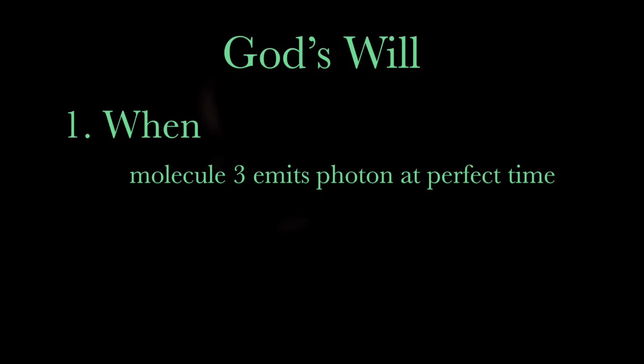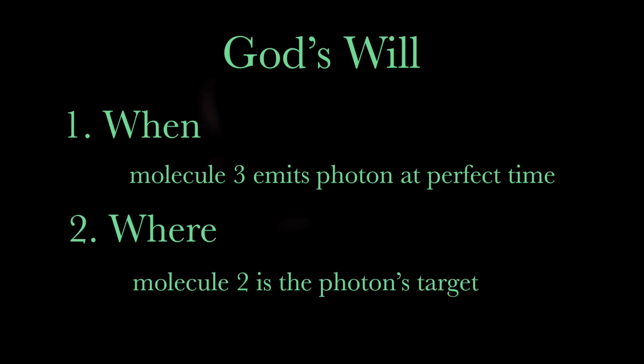I believe that God's will dictates two things. First, the time at which 3 will emit its photon, and second, that molecule 2 will be the target. Thus, God's will alters the when and where of photons. This is how God, as a spirit, affects the physical world.